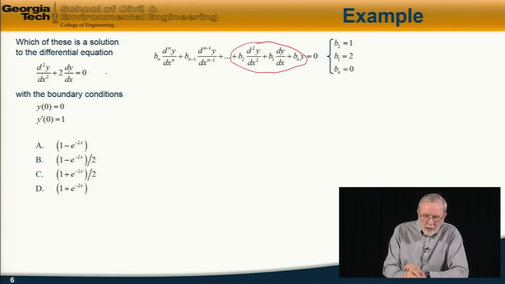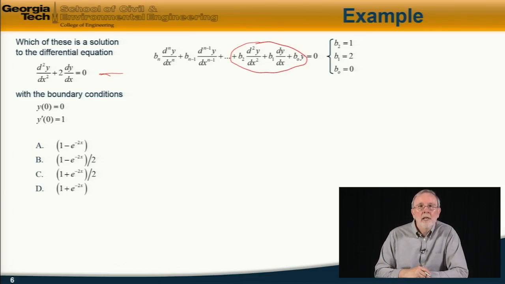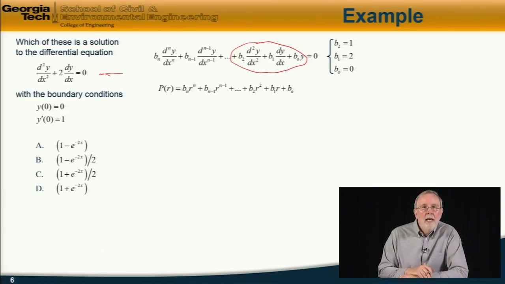And we see that the coefficients are b2 is equal to 1, b1 is equal to 2, and b0 is equal to 0. So we follow the same steps as in the previous example. Next we go to our general statement of the characteristic equation, which is this, realizing that we only have the last three terms appearing here because this is a second order differential equation.